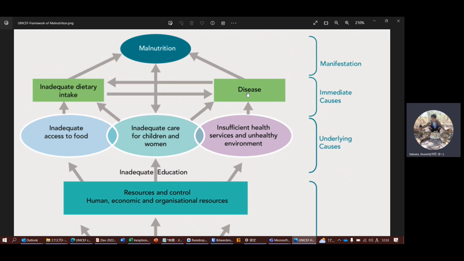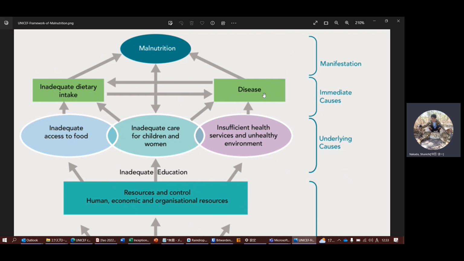Some diseases are closely associated with malnutrition, such as malaria, diarrhea, or worm infestation, and others. So these 2 immediate causes cause malnutrition.